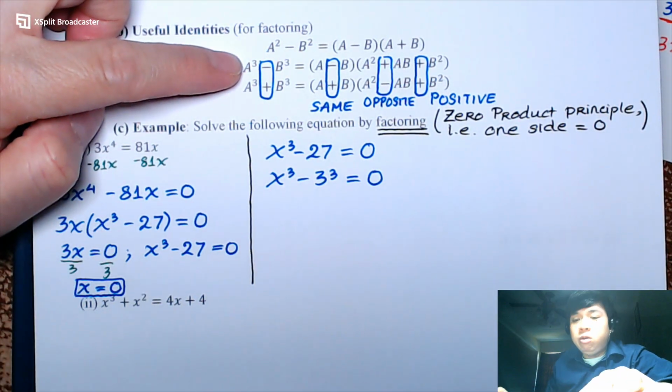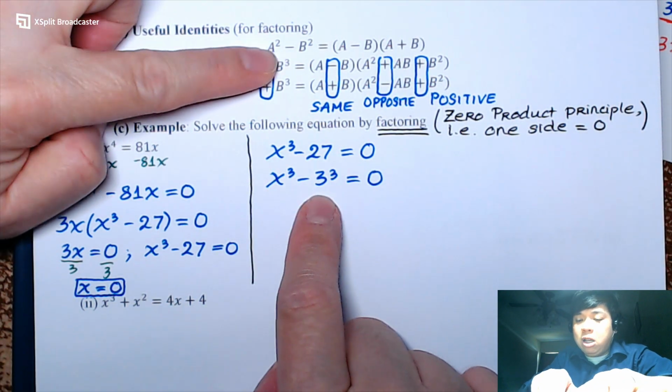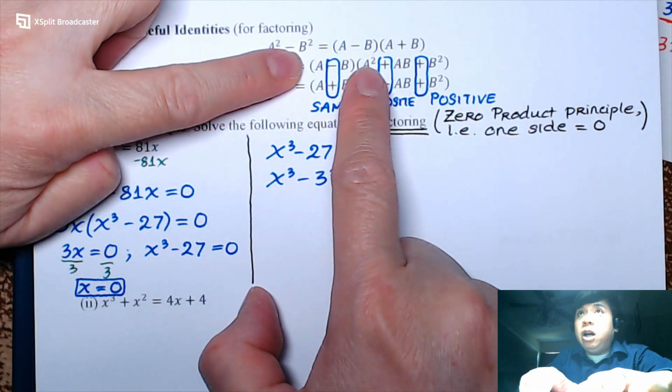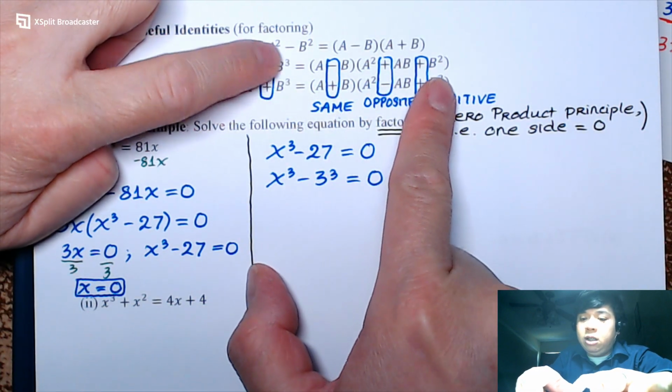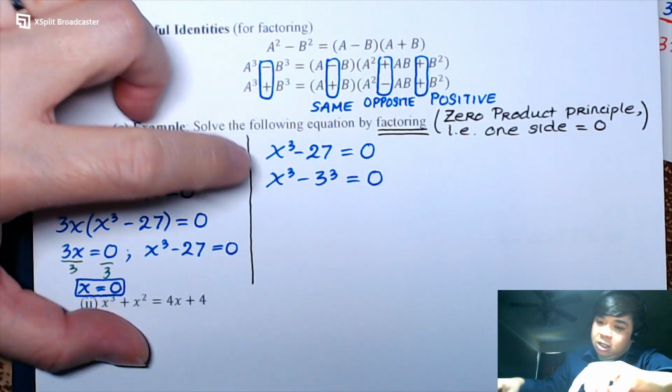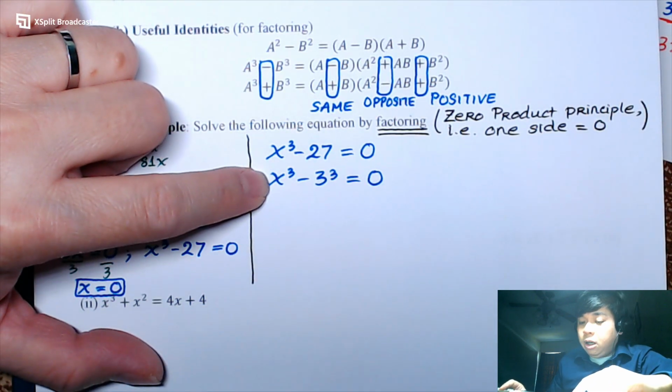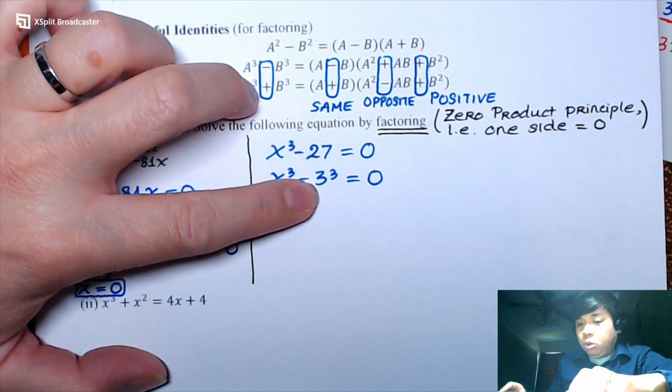And we're going to use this formula: a cubed minus b cubed is a minus b times a squared plus ab plus b squared. So x is equal to a and 3 is equal to b.